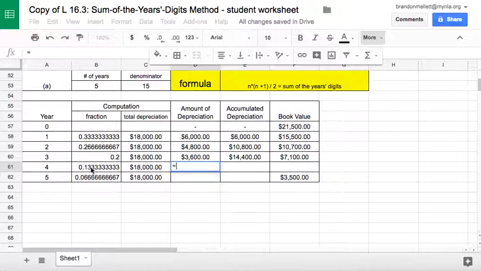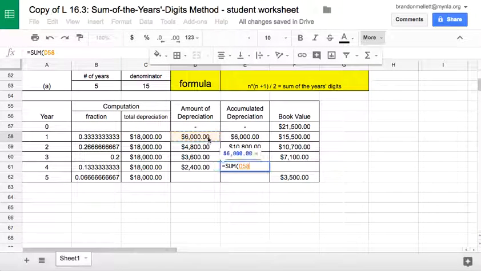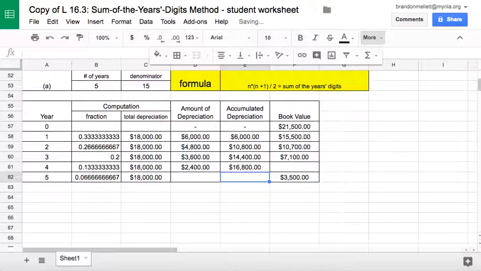All right, let's go year 4. Rate times 18,000, 2,400. Let's accumulate those first 4 years. 1, 2, 3, 4. 16,800. So then the book value minus accumulation, 4,700.